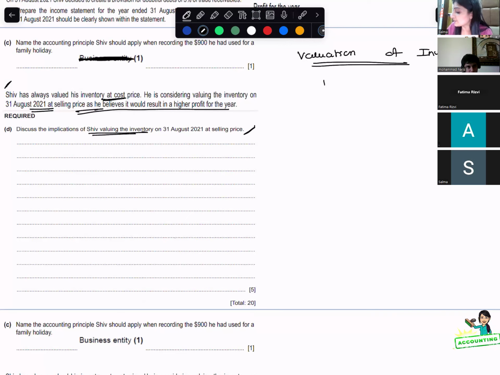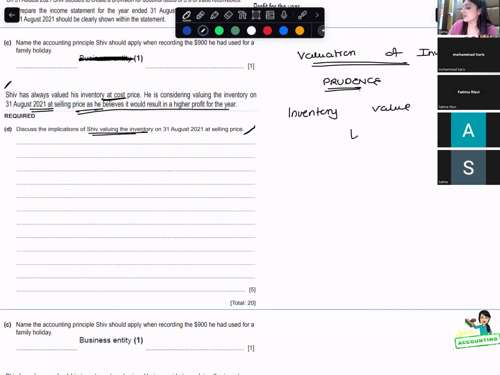What does it tell you? It tells the price should be recorded on the lower of cost or NRV. So prudence tells you that inventory should be valued how? At lower of cost or NRV.